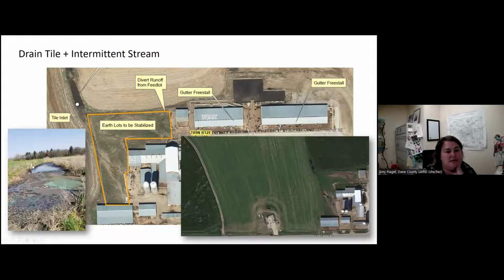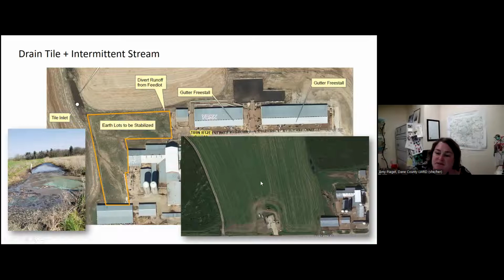There's a tile inlet there. Here's our tile inlet. And so this area drains into a tile inlet. So then the question becomes, where does that tile inlet go? And how is that in relation to the definitions, a discharge from the standpoint of the performance standards?